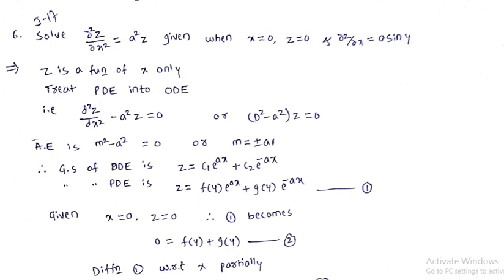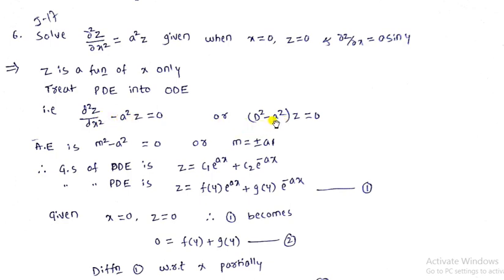Here again z is a function of the single variable x, so convert the PDE into an ODE. So d²z/dx², and shifting a²z to the left-hand side, minus a²z.